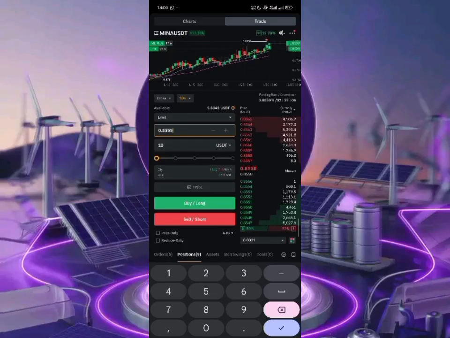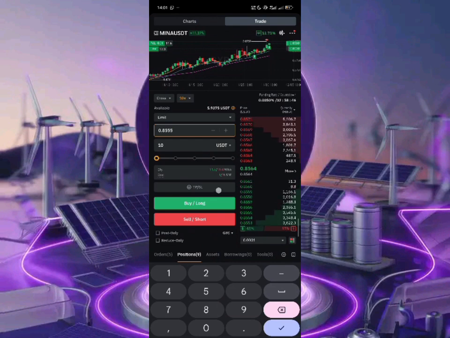That means I'm using $1 of the coin that I have. You can see available balance is 5.8 USDT. Now I'm using $1 of my coin, so that's times 10, that's giving you $10. That's why I had to put $10 here.